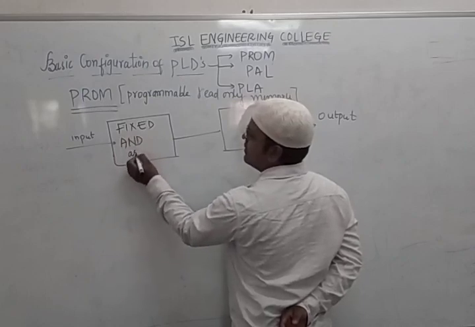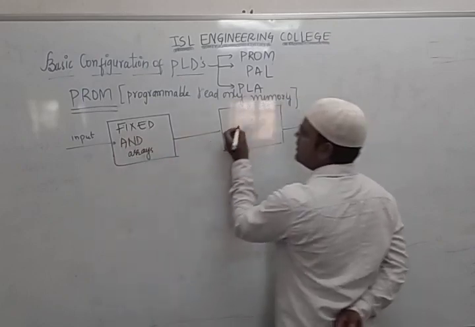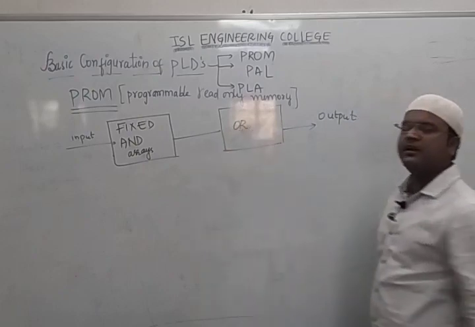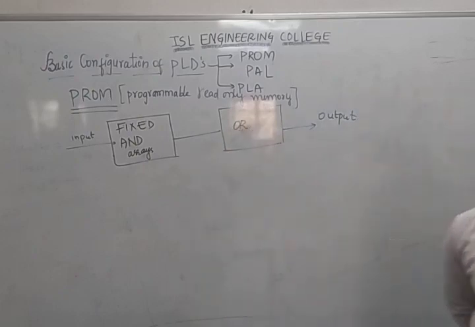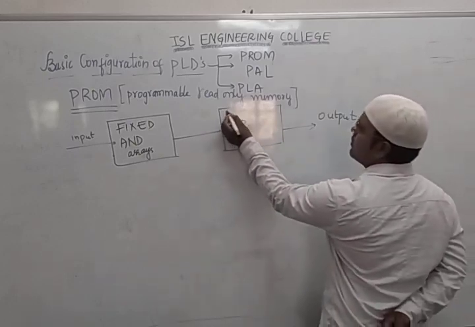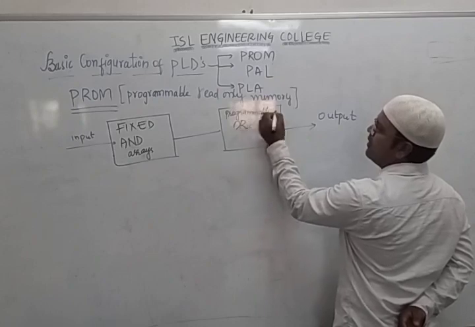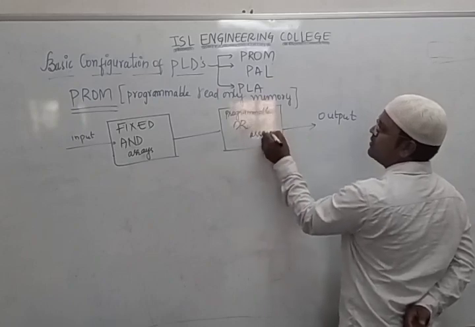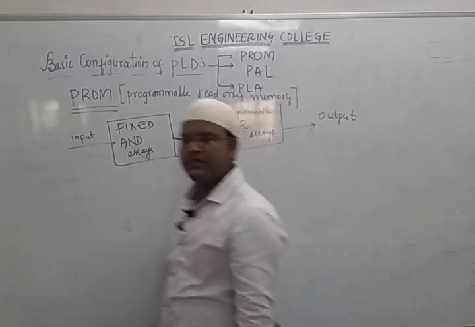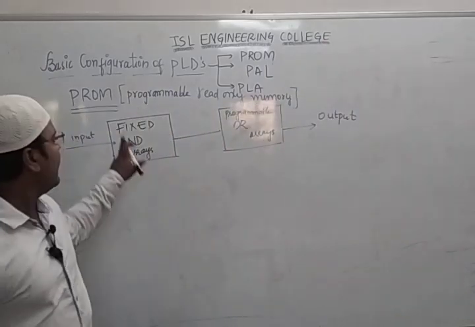So, fixed AND array. Here I'll give OR, but I'll not mention it as fixed. I'll only mention programmable OR array. When I make this arrangement, the AND gate is fixed.